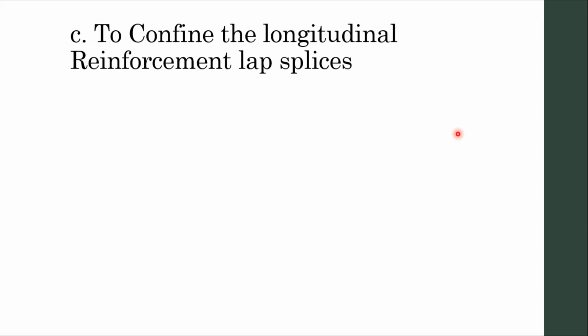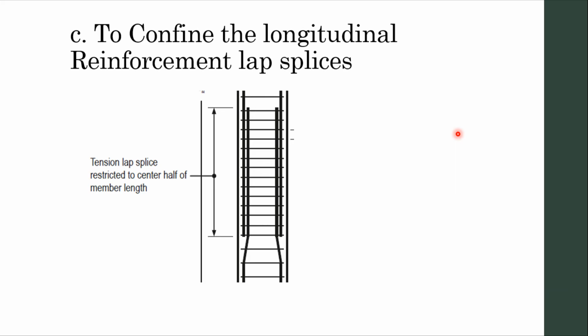So, next is to confine the longitudinal reinforcement lap splices. So, ano ba yung lap splices na yan? Diba, for example, ang building mo is nasa 10 stories, then, diba, ang nabibili lang sa construction is approximately mga 12 meters, yung 6 meters, 12 meters yung steel bar. So, kailangan mo siyang idugtong.